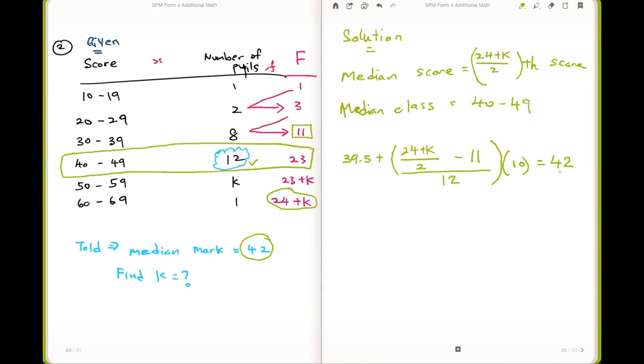You need to know what the answer is so that we're able to find k, because my main intention is to look for k.